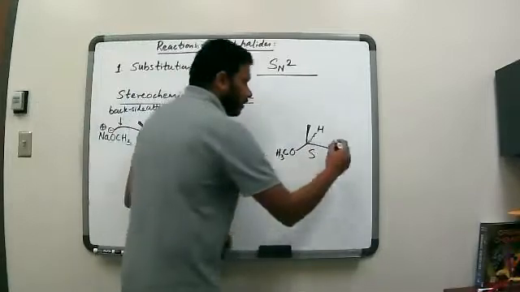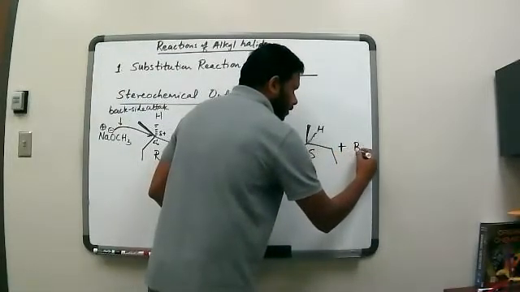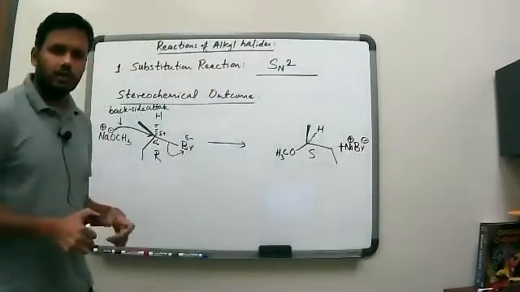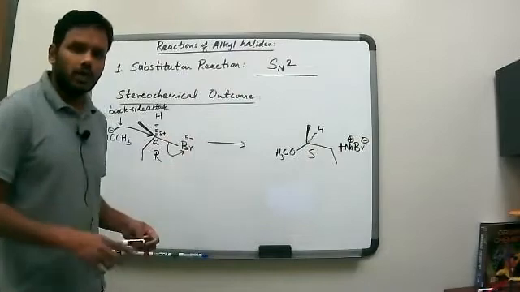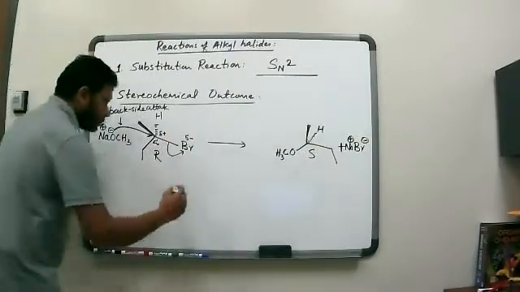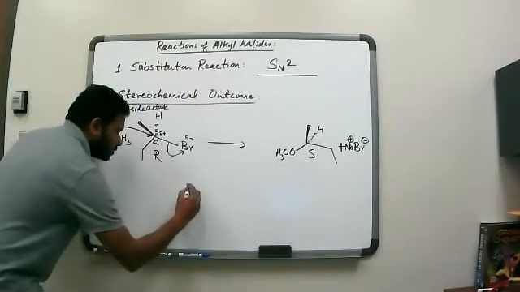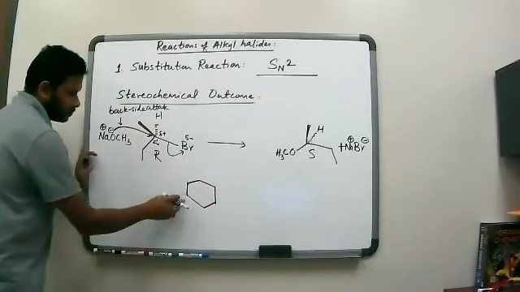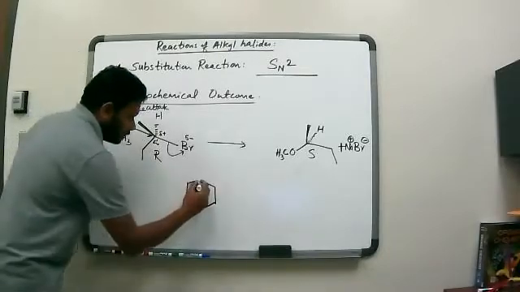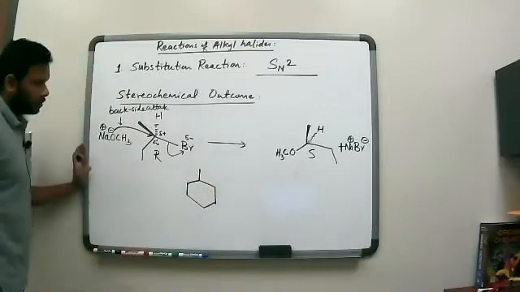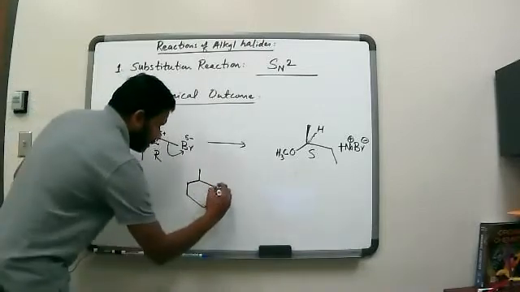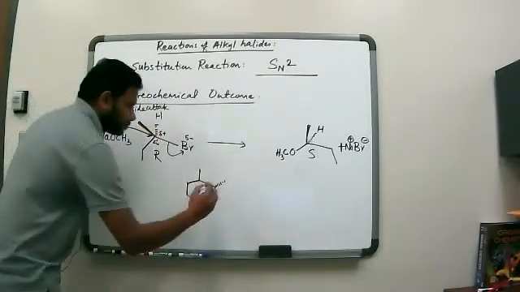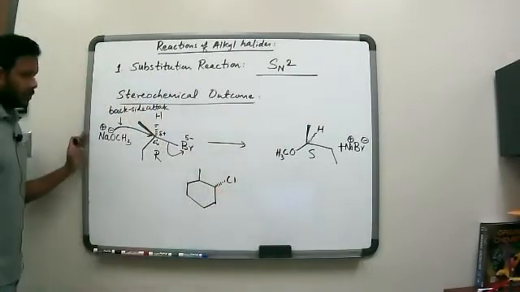So if you started with an R stereocenter, you are going to end with an S stereocenter. If you started with an S stereocenter, you're going to end up with an R stereocenter. So let's look at an example of that, and maybe in a very different system. Okay, so let's see, we have cyclohexane, and we have a methyl group here, and that's a chlorine.